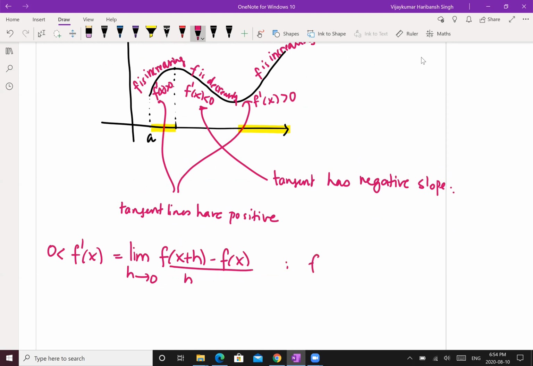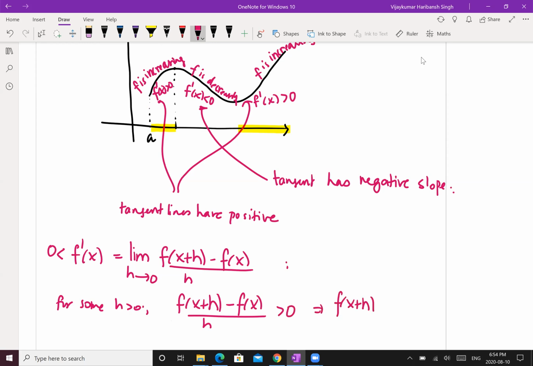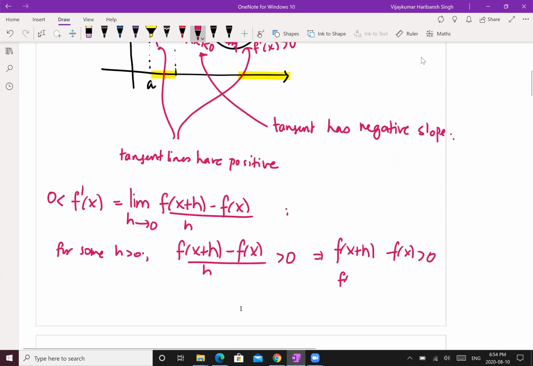That means, let's take h to be positive, for some positive h, f of x plus h minus f of x over h is greater than 0. Now h is positive, so this means f of x plus h minus f of x is greater than 0. So this means what? f of x plus h is bigger than f of x.